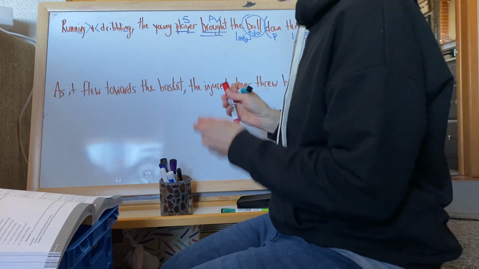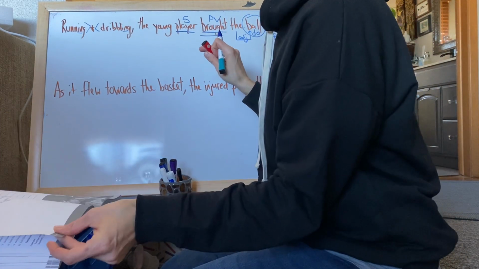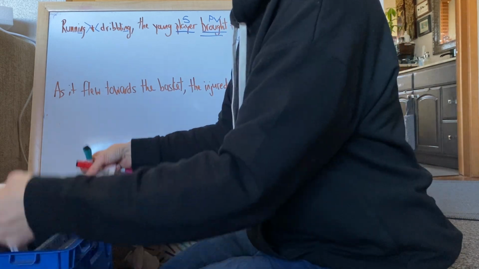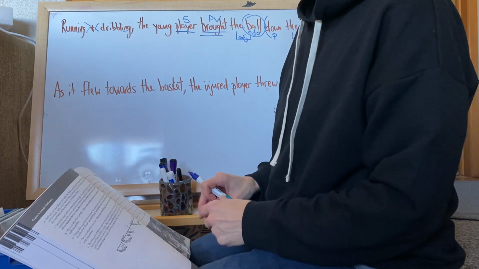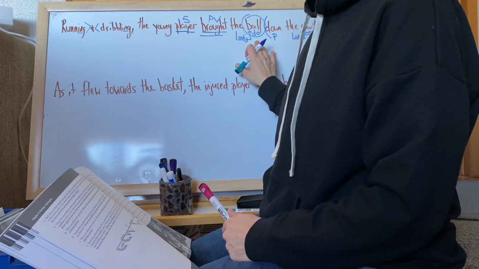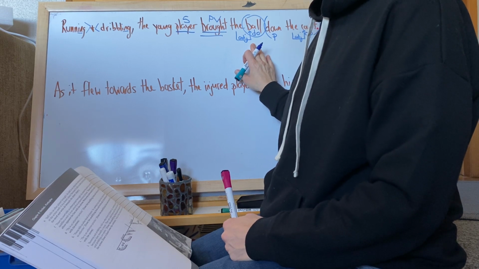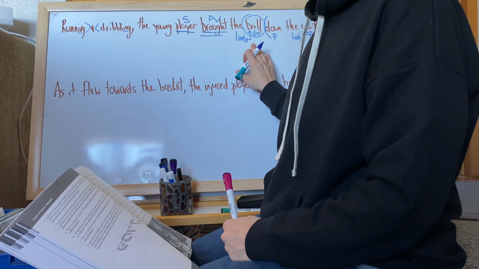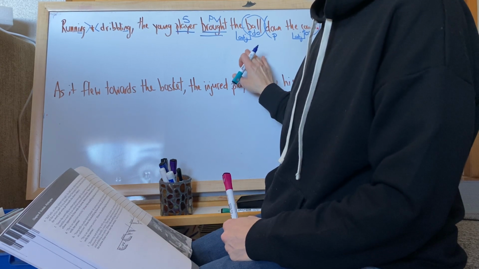Now we analyze from right to left. Ball tells us what the player brought. So ball is an objective element. It completes the meaning of the action verb. It is a direct object because it tells us what the player brought.